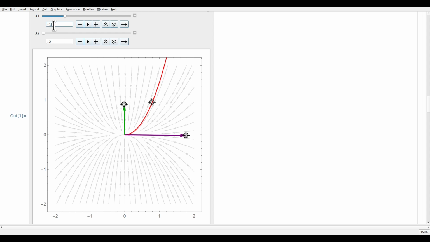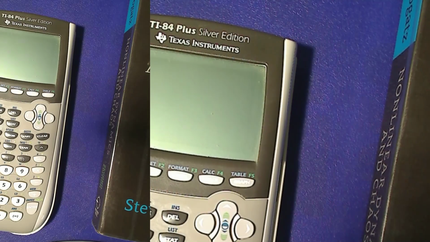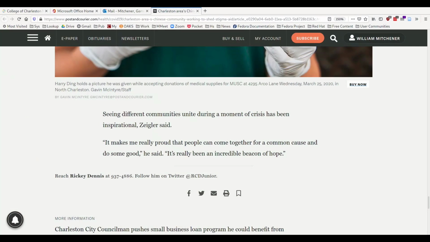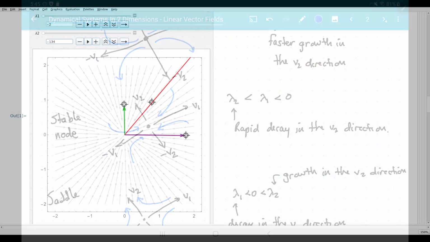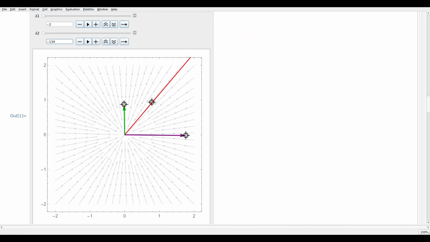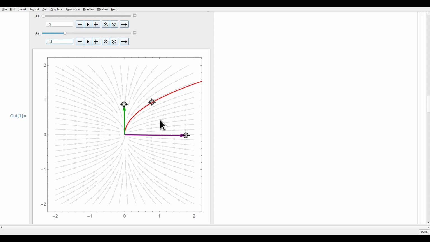If I interchange the two eigenvalues, you can see that the curvature changes.